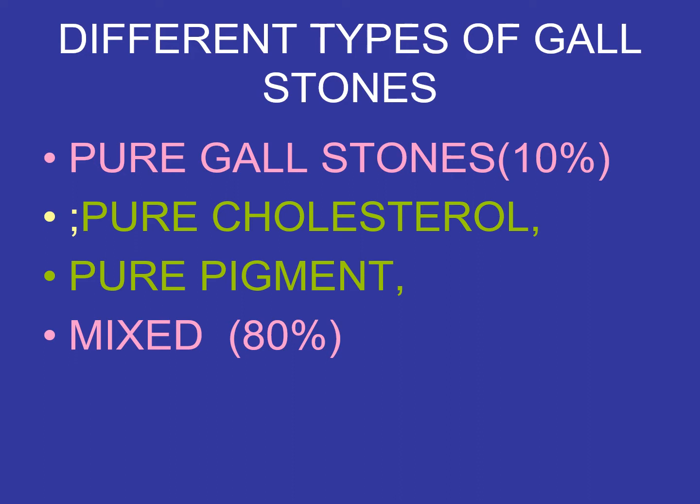Another form which is sometimes mentioned is the combined form, in which there is a pure nucleus of cholesterol upon which multiple layers of different salts, for example calcium bilirubinate, calcium carbonate, and cholesterol along with mucin glycoprotein, can gather to form the stones. But the mixed stones are the most common. They account for about 80% of the stones, and they are composed of almost all the elements of the bile.